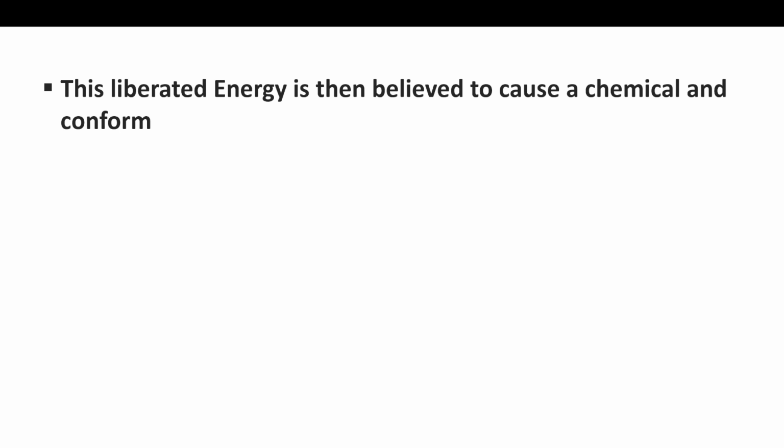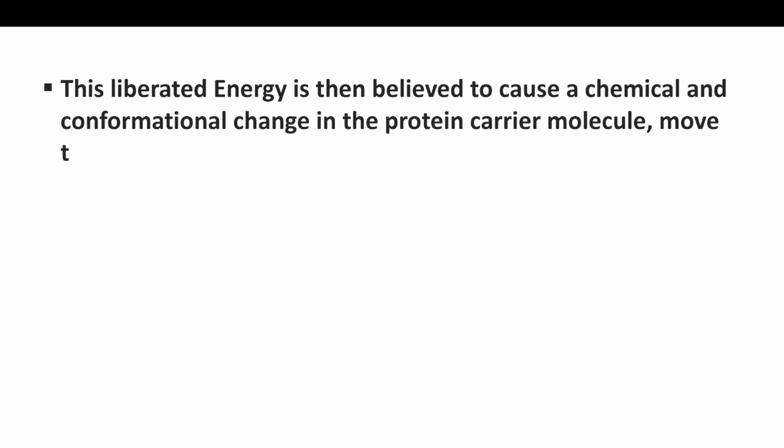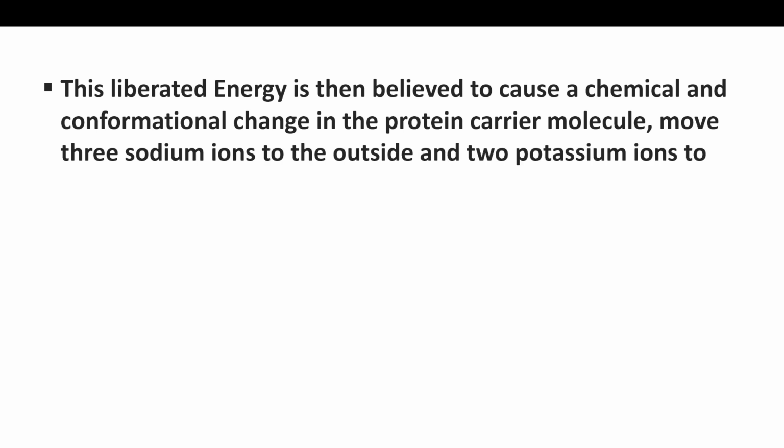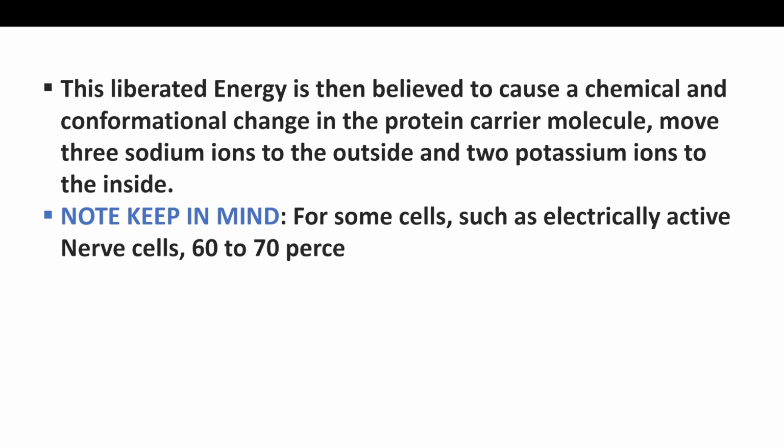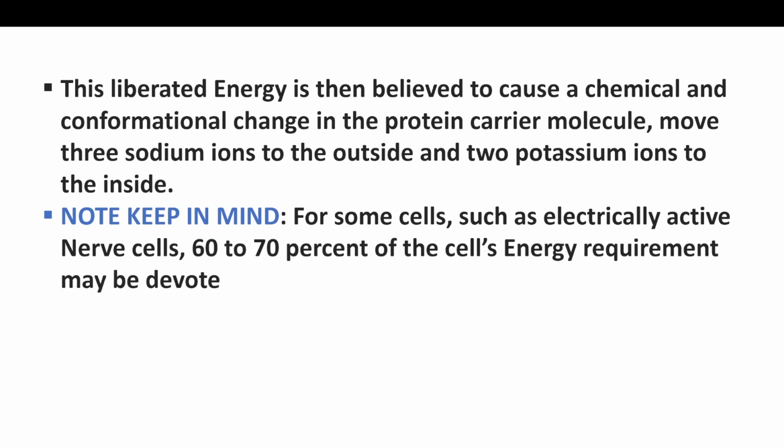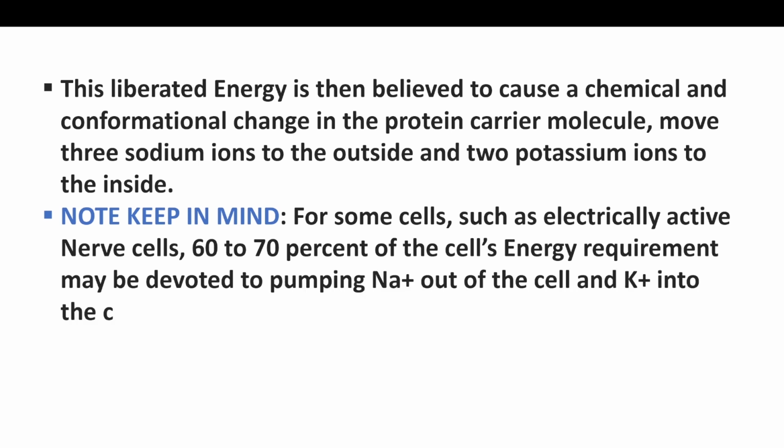This liberated energy is then believed to cause a chemical and conformational change in the protein carrier molecule, moving 3 sodium ions to the outside and 2 potassium ions to the inside. Note, keep in mind, for some cells, such as electrically active nerve cells, 60 to 70% of the cell's energy requirement is devoted to pumping sodium out of the cell and potassium into the cell.